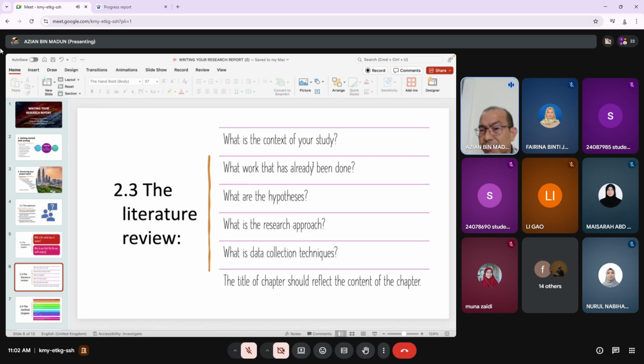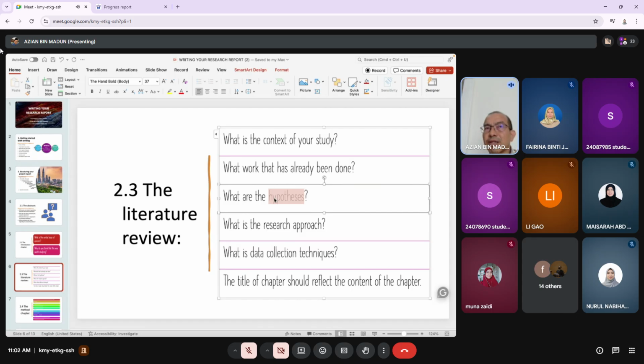So what's been done before, kan? This is about the study that you're looking at. Hypothesis. Hypothesis ni is a bit tricky sikit. This is a bit tricky because if you are doing qualitative research, there's no hypothesis.